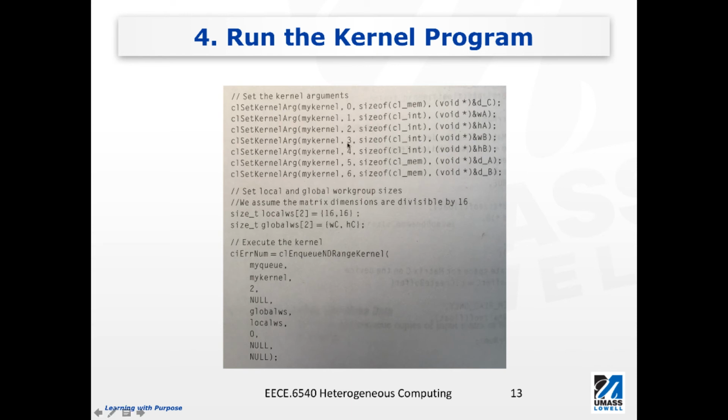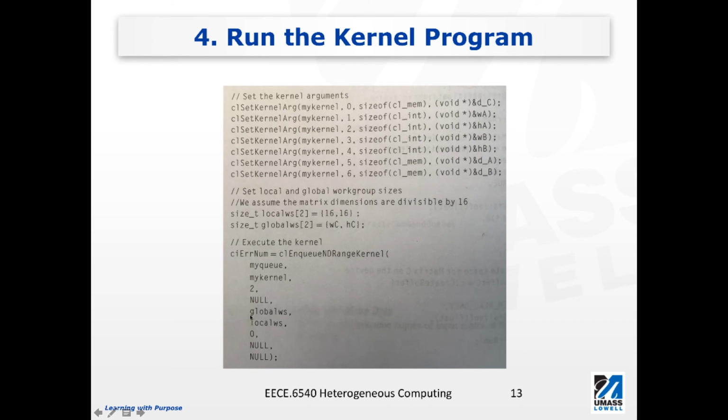Once we have these kernel arguments and the local and global workgroup sizes set up properly, we can now execute the kernel. We'll call the OpenCL API clEnqueueNDRangeKernel to instantiate the kernels. The first argument is the command queue, and the second argument is the kernel object that you created. And we're going to specify how many dimensions we want to use, and optionally you can choose the work item global offset, which we often leave as null.